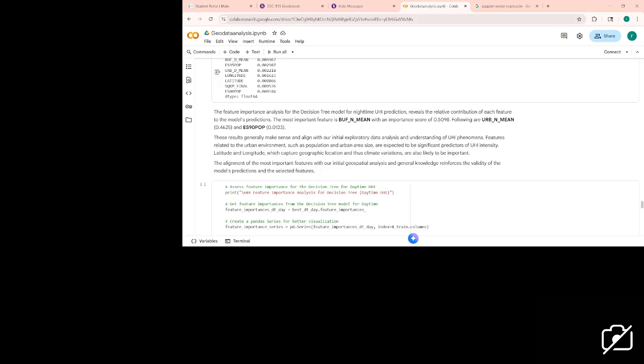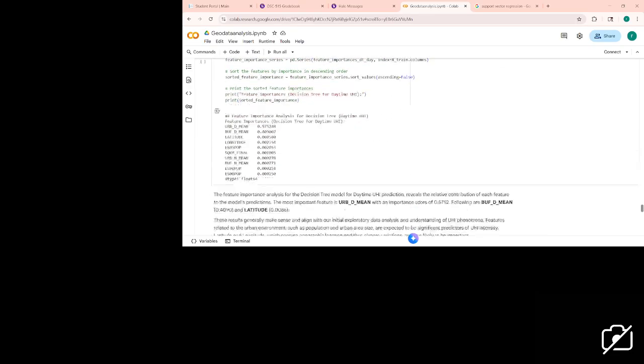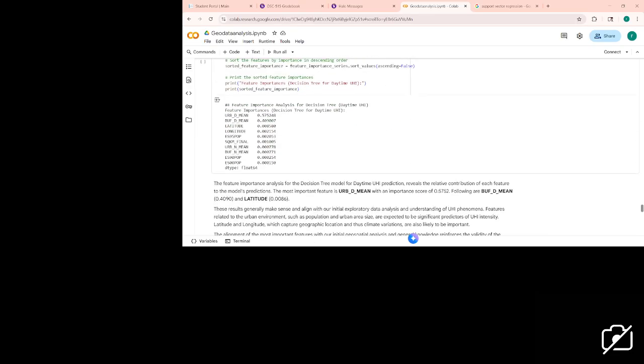The most important feature being buffer mean with an importance of 0.50, followed by urban mean of 0.4, and population of 0.0123.